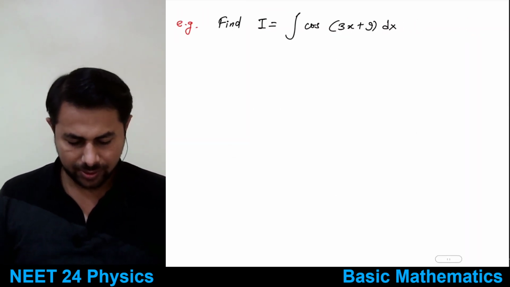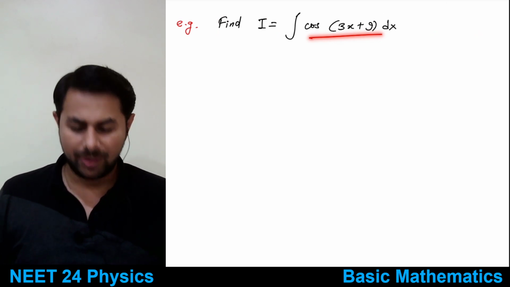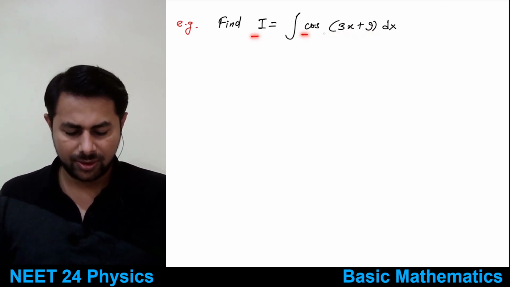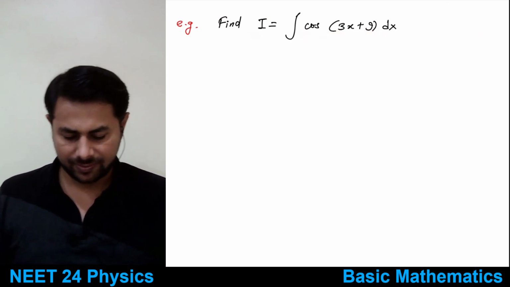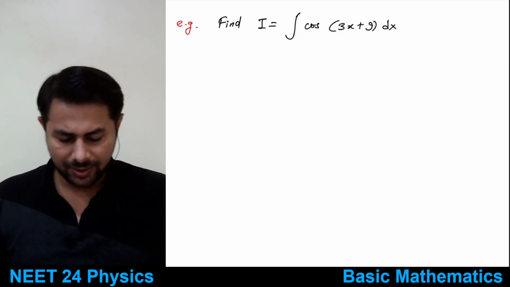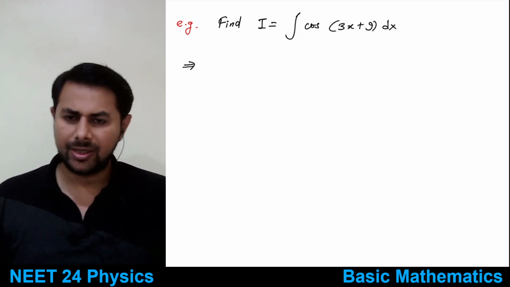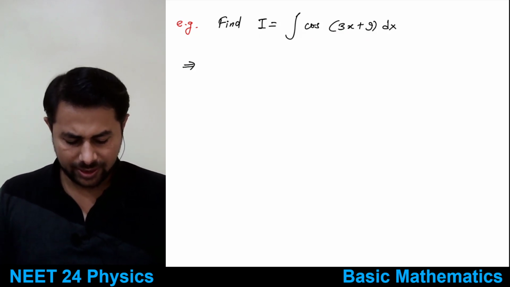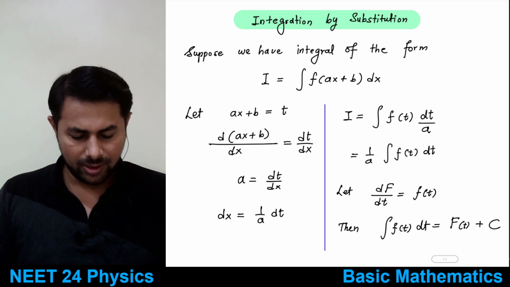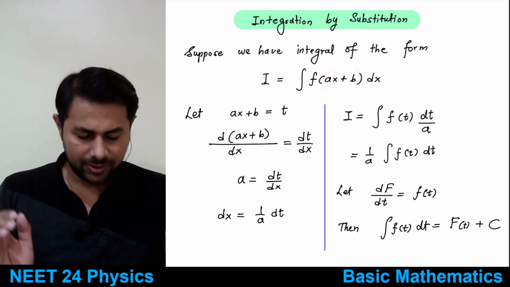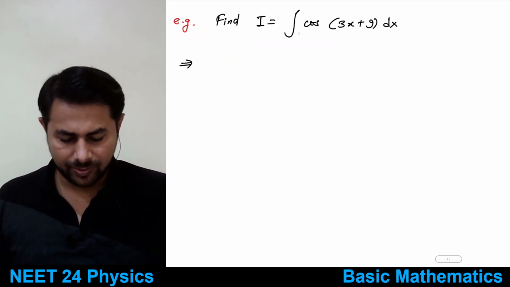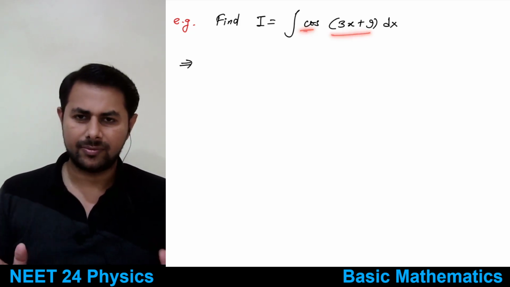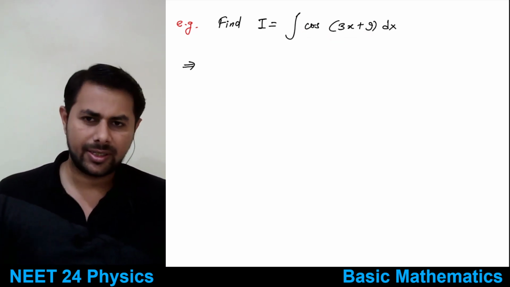So for an example, you have I equal to the integral of cos of 3x plus 9 dx. What will be the integration of this? This rule says to take the integration thinking as if there is only this bracket. Cos is a function of this bracket, so what will be its integration?